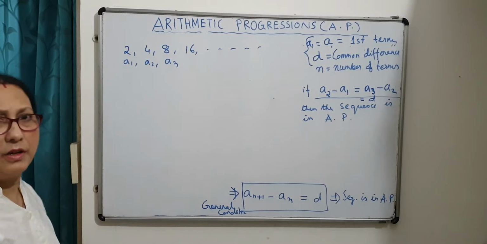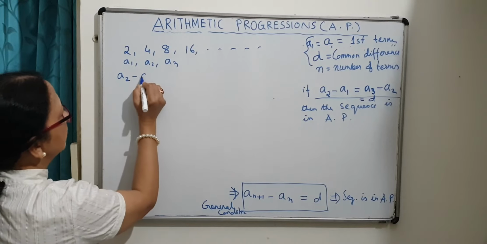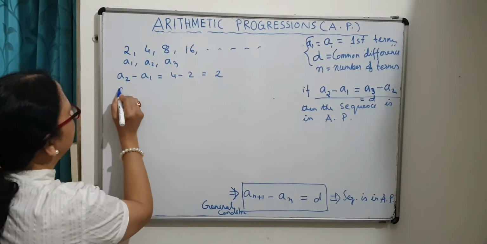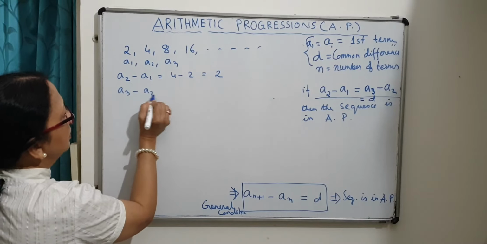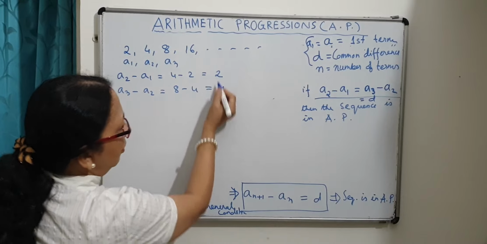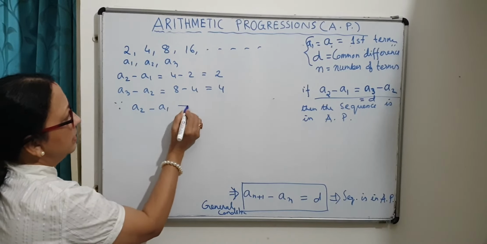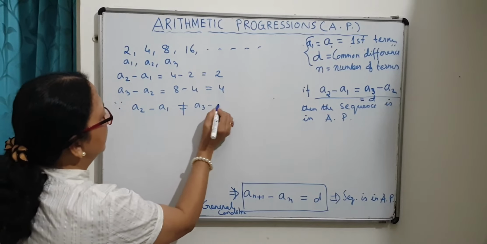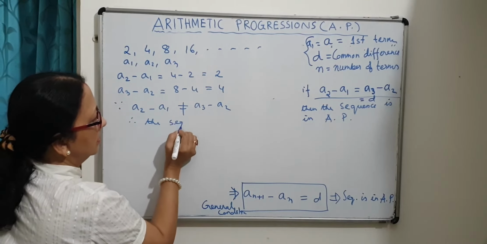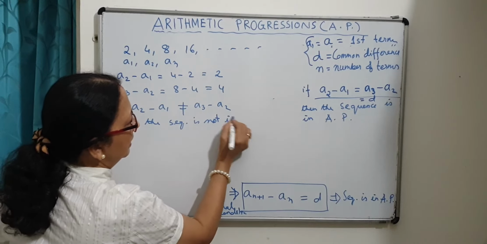The first three terms are sufficient for checking this. A2 minus A1 is 4 minus 2, that is 2. Then A3 minus A2 is 8 minus 4, that is 4. So they are not the same. Since A2 minus A1 is not equal to A3 minus A2, therefore the sequence is not in AP.